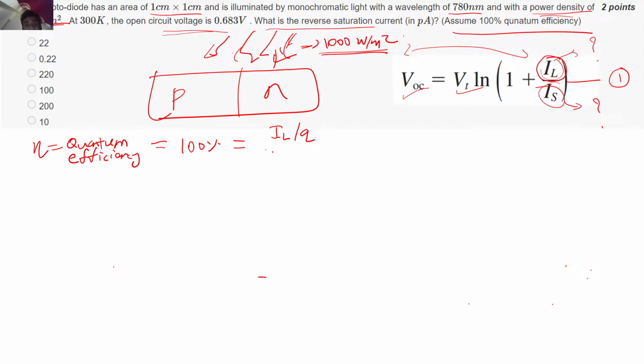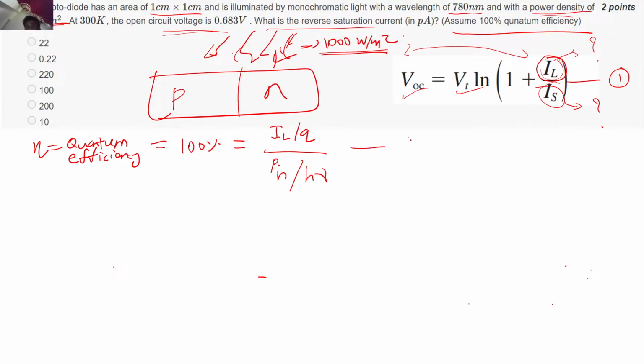And to calculate the number of photons, I first have to know the power incident, and then divide it by the energy of each photon, which is h mu, correct? I hope this is clear.